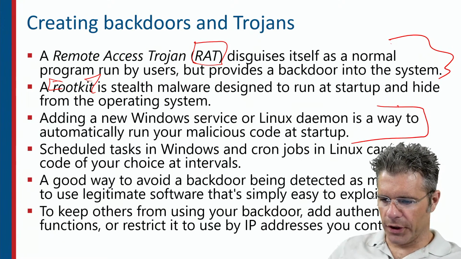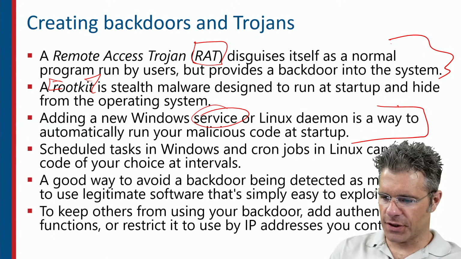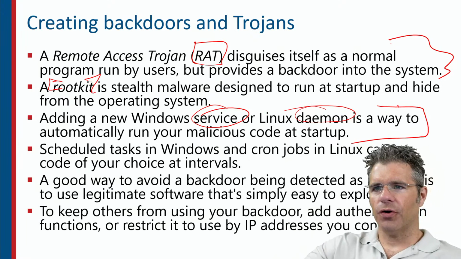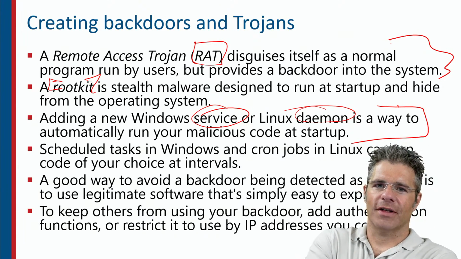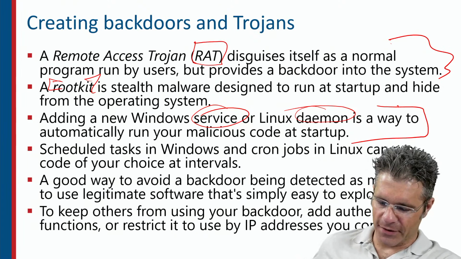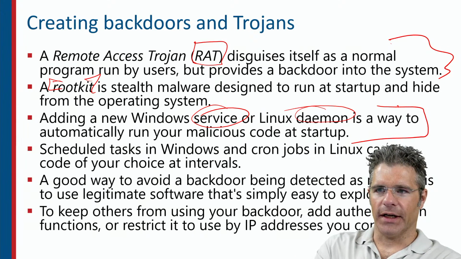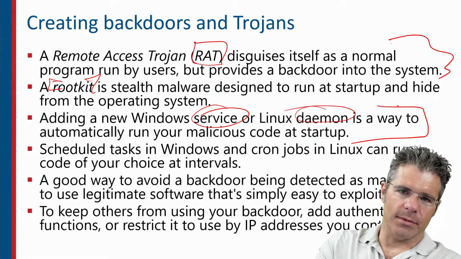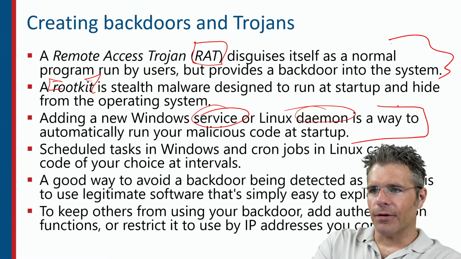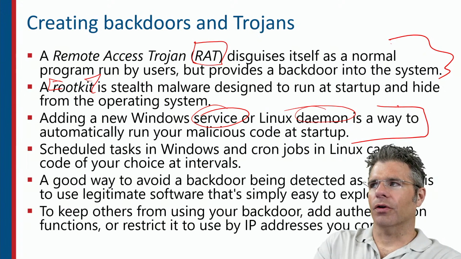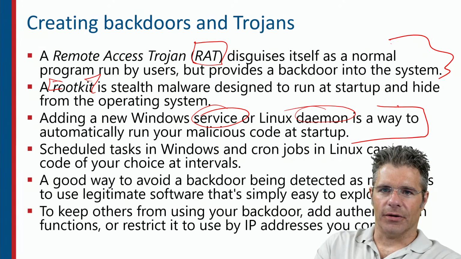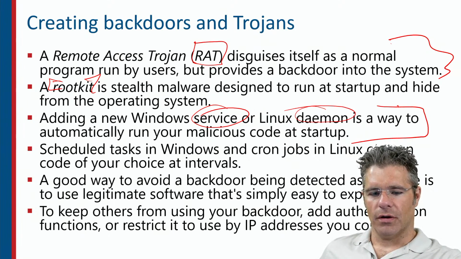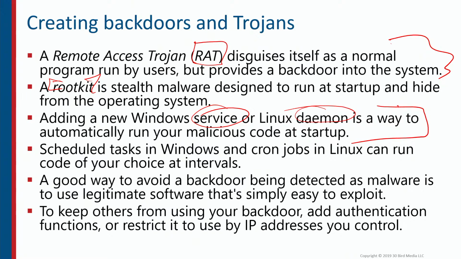In Windows and Linux, we mentioned services versus daemons. If you've got some sort of malicious code written, or even not terribly malicious, it doesn't have to be super evil, and a system has the netcat utility installed on it, you can use those services and run it as a daemon in order to either call out to the command and control infrastructure, or to sit there and listen as a listener as opposed to a reverse connection, and give your system an opportunity to connect.